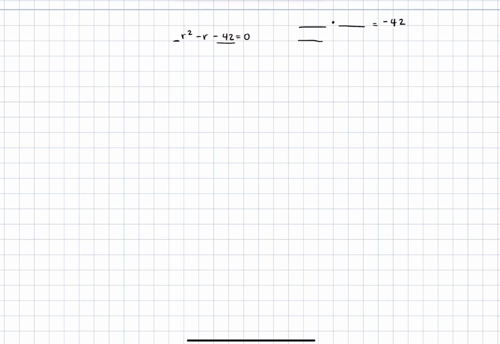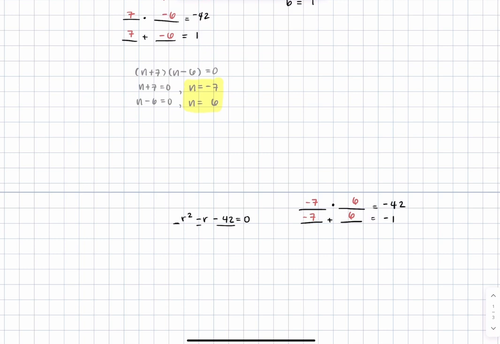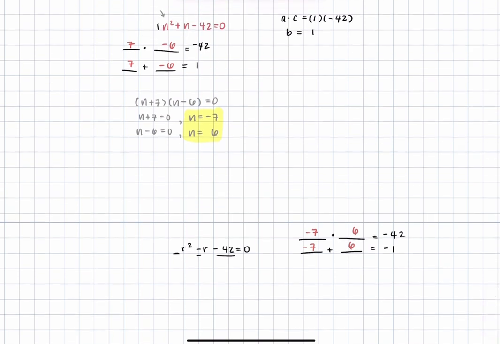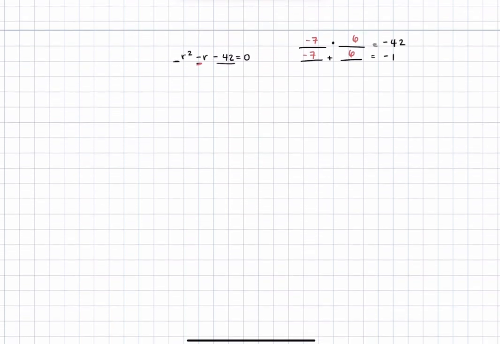And then two numbers that, when you add them together, give you your b value, which is negative 1. So the two numbers would be negative 7 and positive 6. Note that for the previous problem, the numbers were 7 and negative 6, and that's because of this negative and this positive over here. So make sure you're being consistent with your signs.